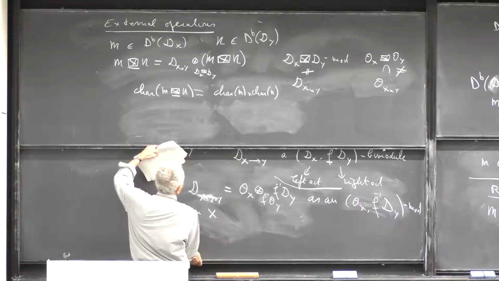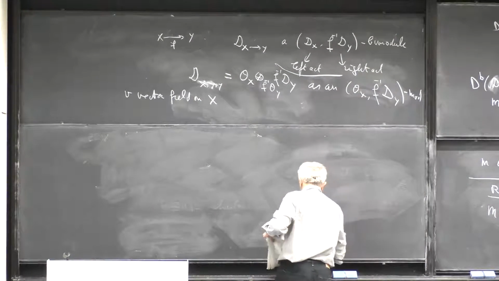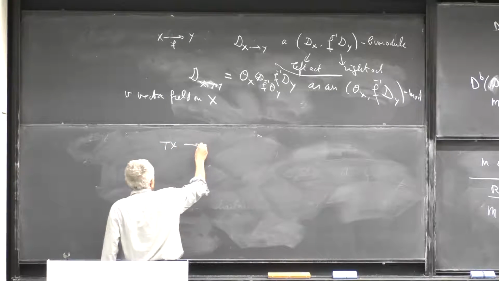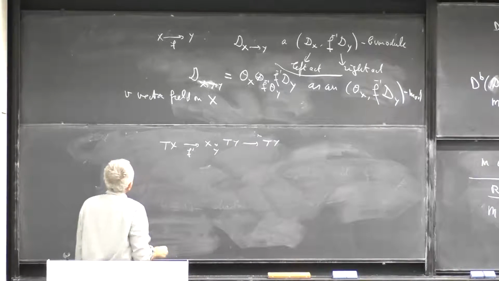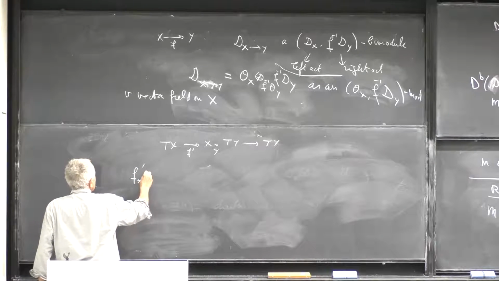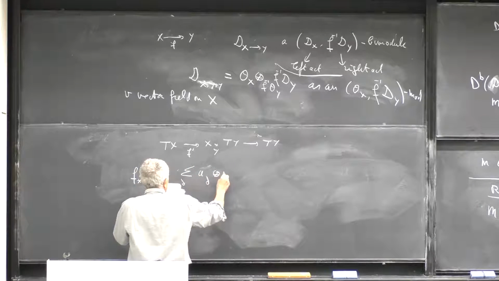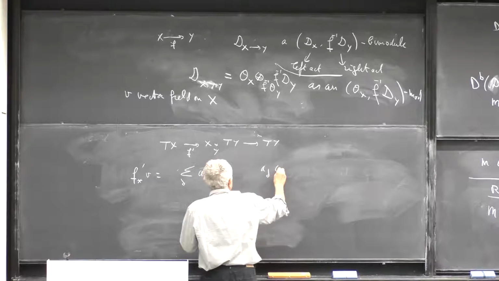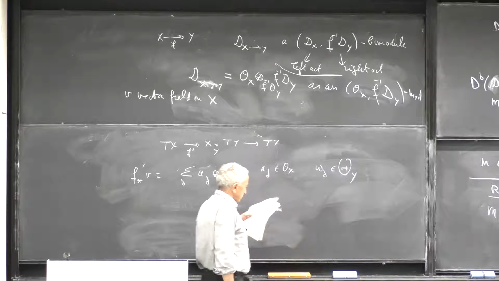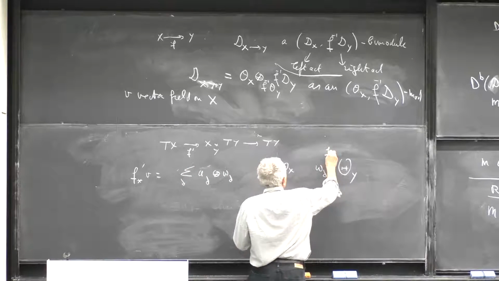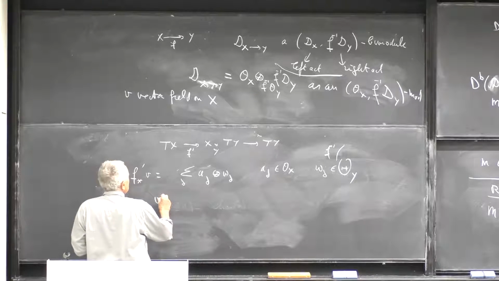In T_X, X cross Y, T_Y by f prime, the direct image of V can be written as a finite sum, A_j tensor W_j, where A_j is in O_X, W_j is a vector field in Y, or in f^{-1}. Okay, so you define the action.